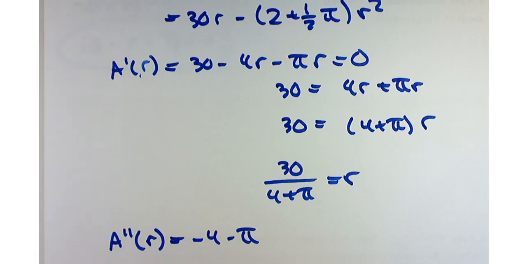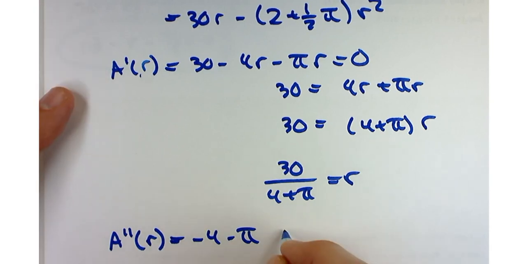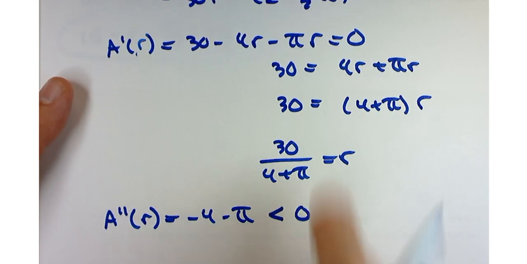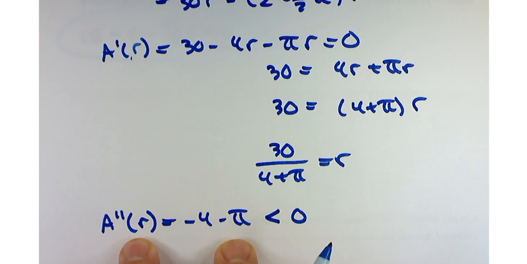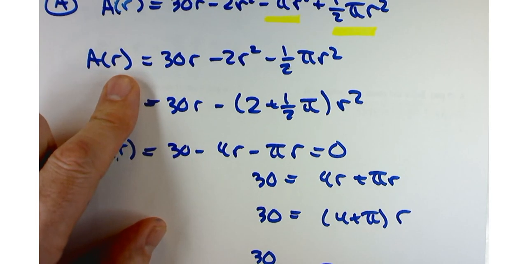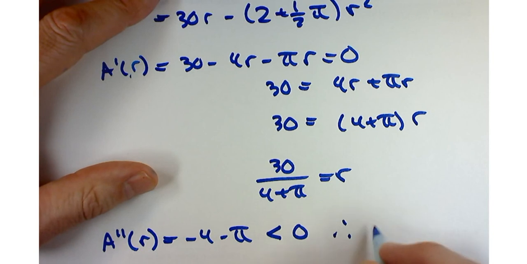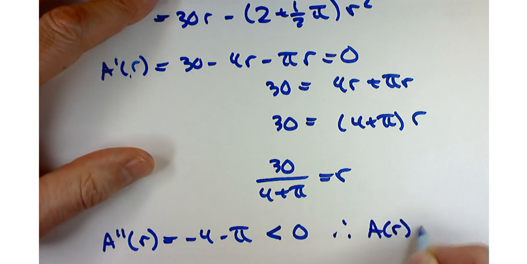And what do I know about negative 4 minus pi? It's always less than 0. What shape does the function have to have then? What shape, concave up or concave down, does A of r have? Concave down. So therefore, A of r is always concave down.